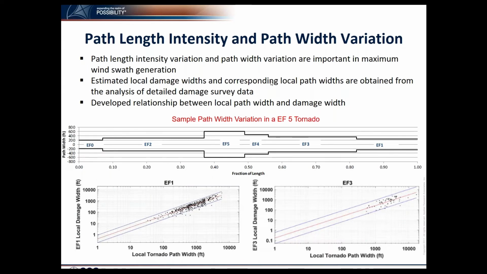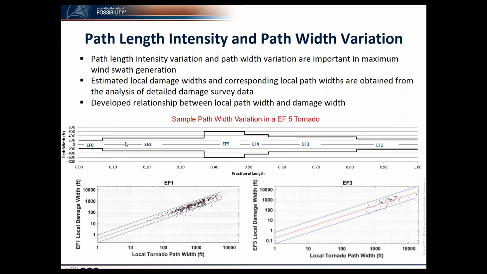We consider intensity variation and path width variation along a tornado track. This is carried out using a sample tornado catalog, which gives the length fraction of the intensities and the associated path fraction with respect to maximum path width. The tornado catalogs are based on detailed damage survey data, as Marc mentioned in his presentation.